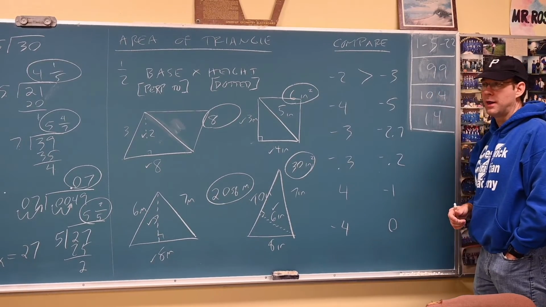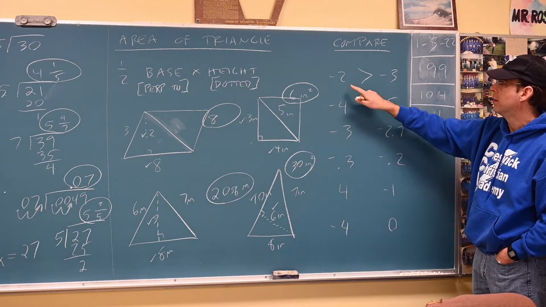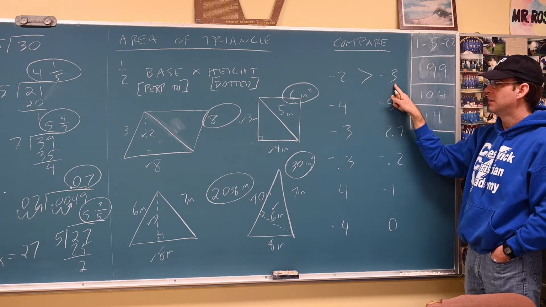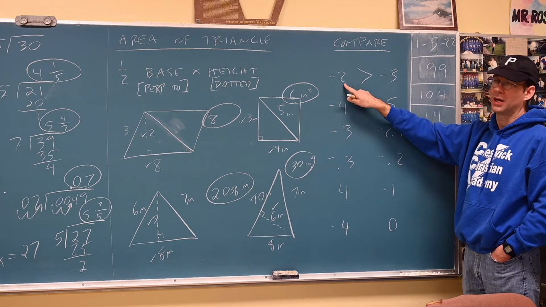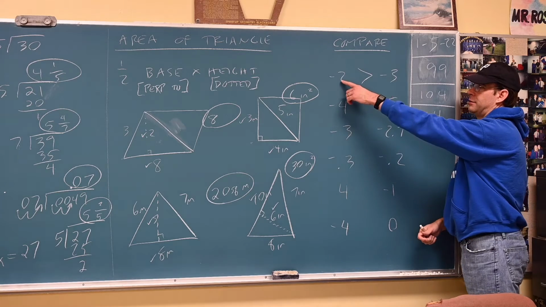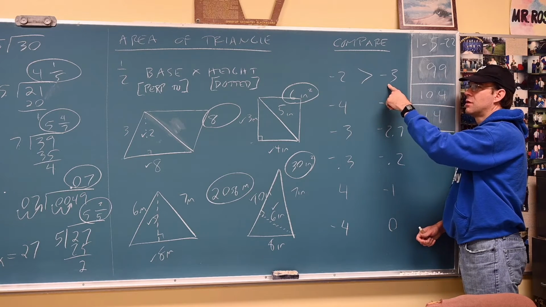Or if you don't like either of those, think about temperatures. Here we are in the winter. The temperature could be negative 2. The temperature could be negative 3. You're not real thrilled about either temperature, but if you had to pick one, you'd pick the negative 2. Or if you're a football fan, your team's losing 2 yards. Your team is losing 3 yards.